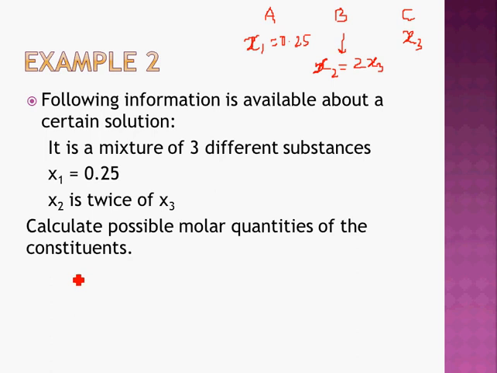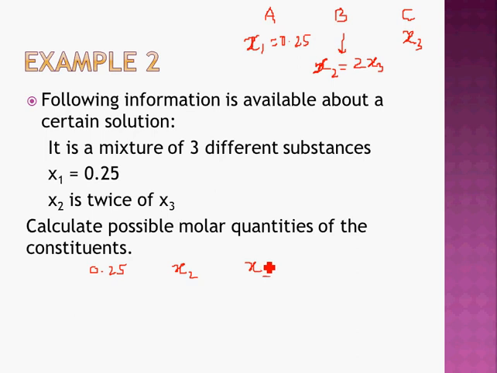I have X1, that is 0.25, and I have X2 in terms of X3. To calculate absolute moles, first let's calculate the value of all the mole fractions. I already have X1 as 0.25, but I do not have X2 and X3.